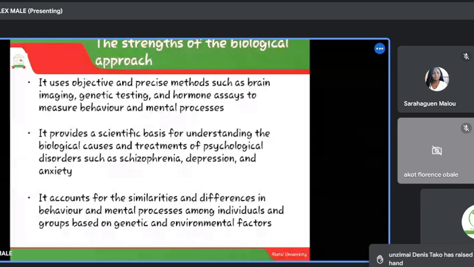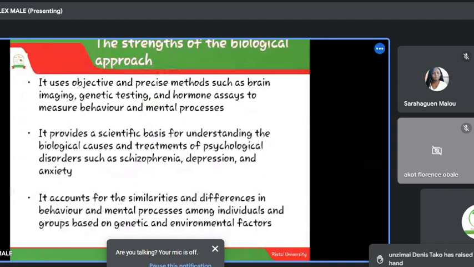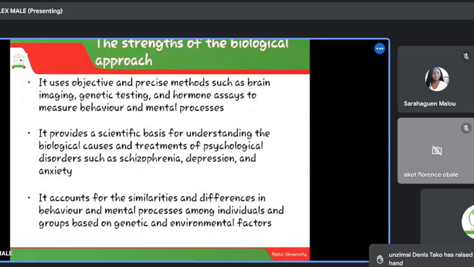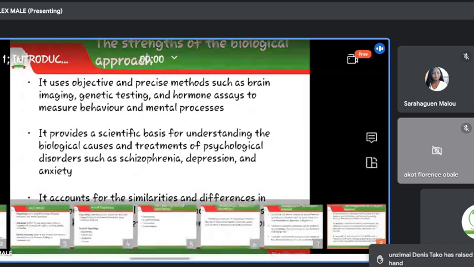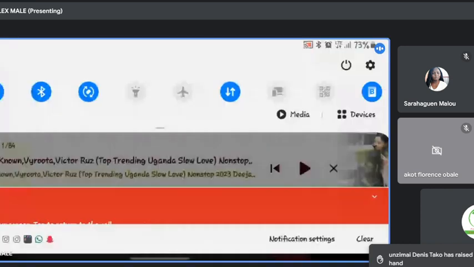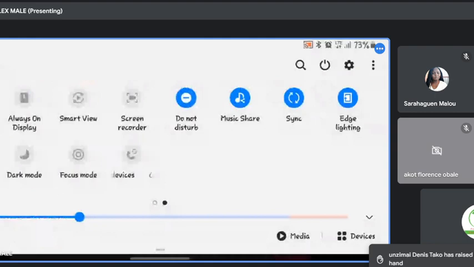You get it? So for such enlargement of the thyroid gland, perhaps biology says that that's why he's having a deviation in their behavior to mental processes. What we are trying to get at the strengths. These are some of the factors which defend the biological approach.